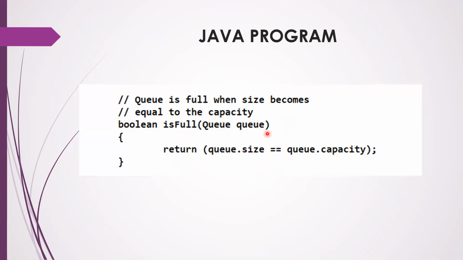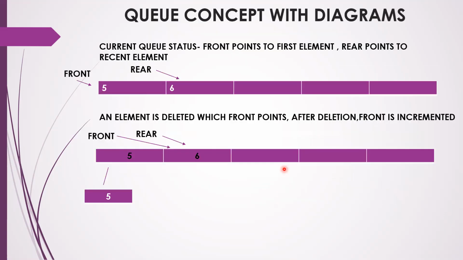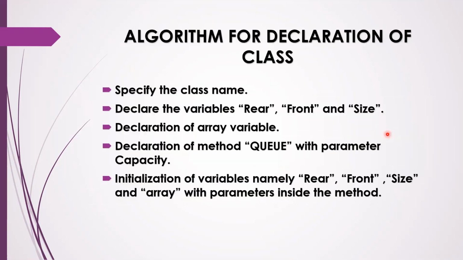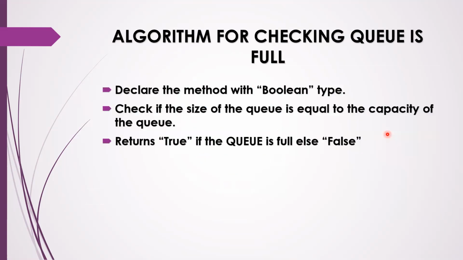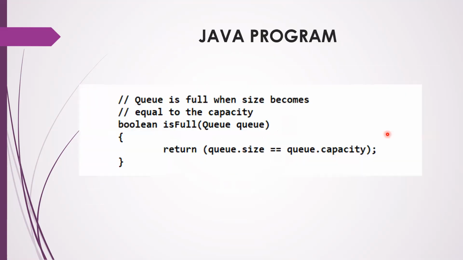Okay, so you have to check whether the queue size is equal to the capacity. For example, I have inserted all the elements here. Now the queue size is equal to the capacity of the array, right? So capacity is 5, queue size is also 5, then it is equal to the capacity.